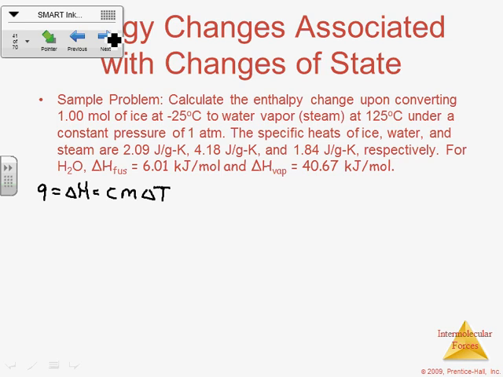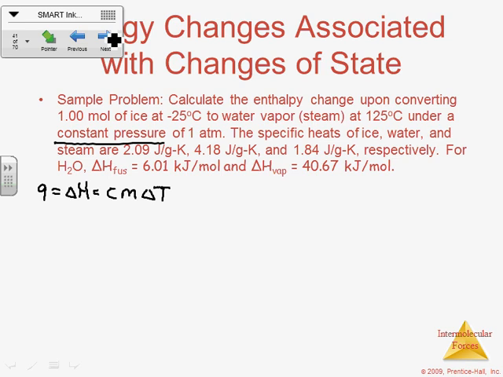This is from a while ago, but Q at constant pressure, which we're talking about here, Q is equal to delta H. Delta H is the enthalpy change, and that's equal to C times M times delta T. C is specific heat, M is the mass, delta T is the temperature change. So we're probably going to need that equation here.